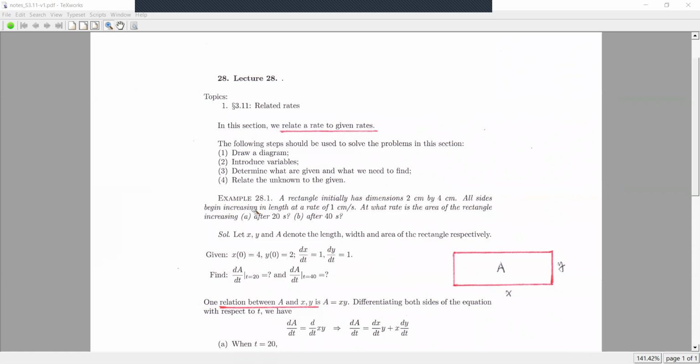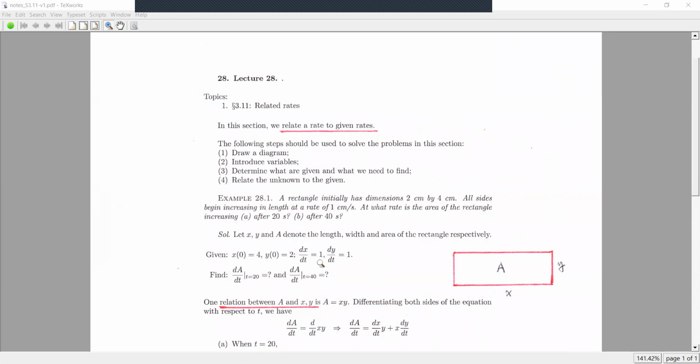All sides begin increasing in length at a rate of 1 cm per second. A rate in this section is a derivative with respect to time t. The increasing rate of the length of the rectangle is 1.